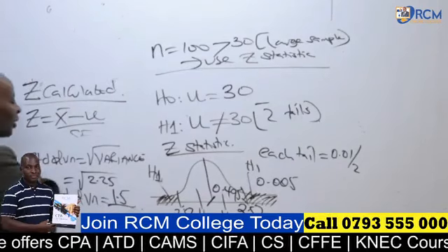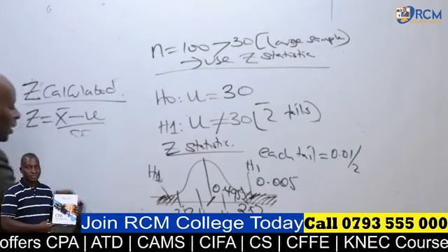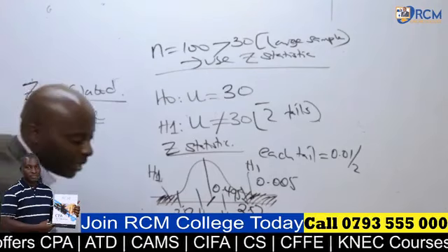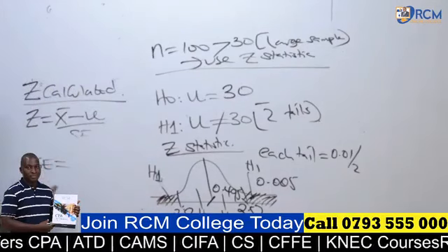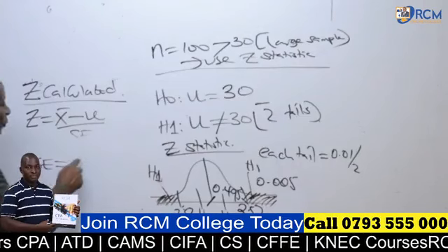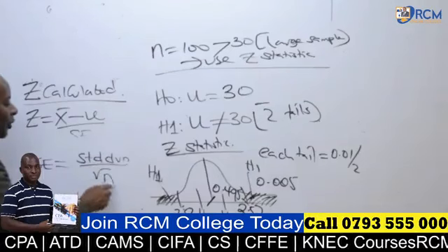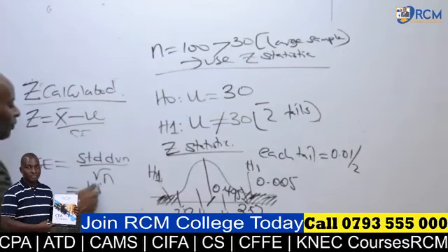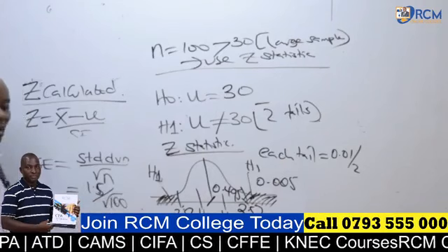Now, ladies and gentlemen, having gotten that standard deviation, I know where I'm going to feed this. I want to get the standard error of my sampling. I know the formula. It is standard deviation divided by root of n. So it will be the 1.5 that you guys have given me divided by square root of 100.